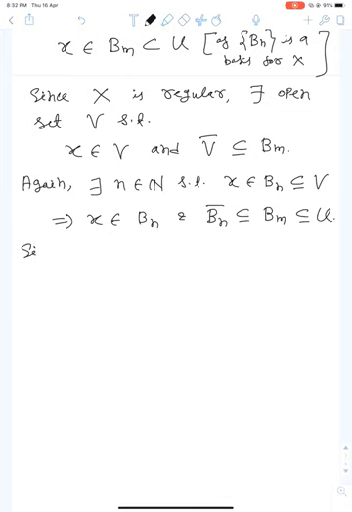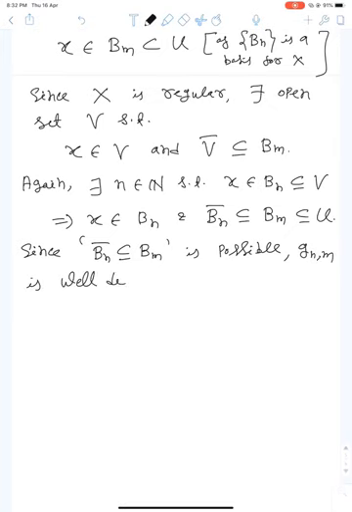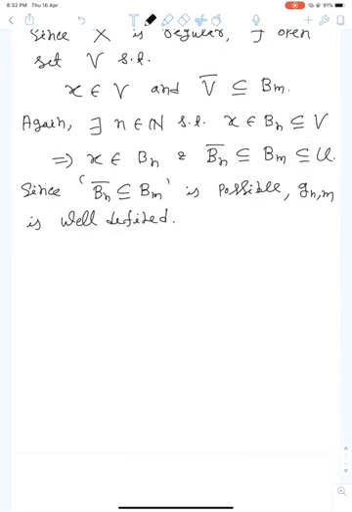Now since this is possible, g n,m is well defined in this case. And what is the property of g n,m?